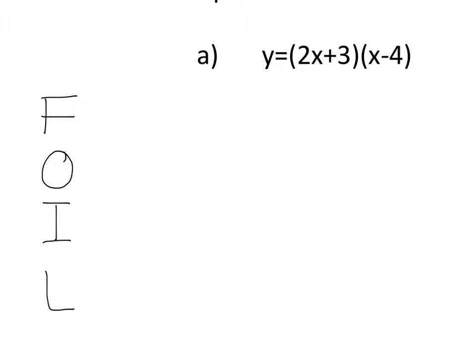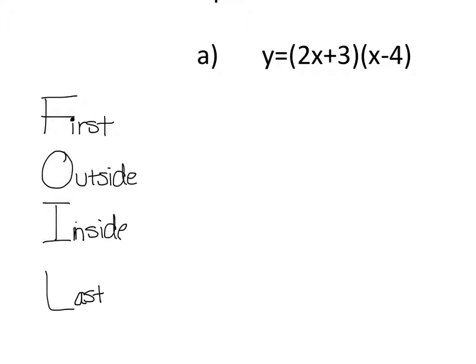FOIL. Do you remember that? FOIL. What does the F stand for? First, the O is outside. The I is inside. And L stands for last. We take those terms and multiply them together.